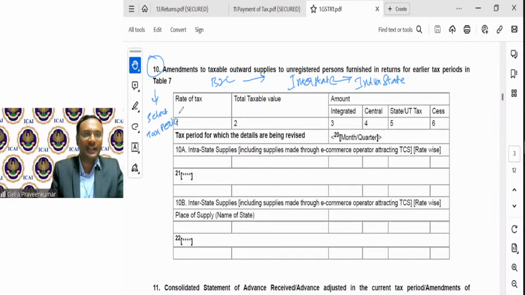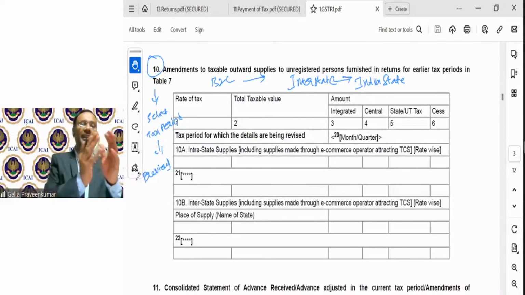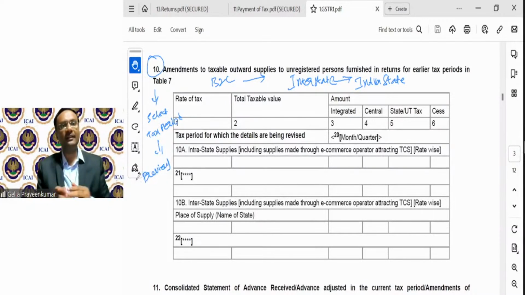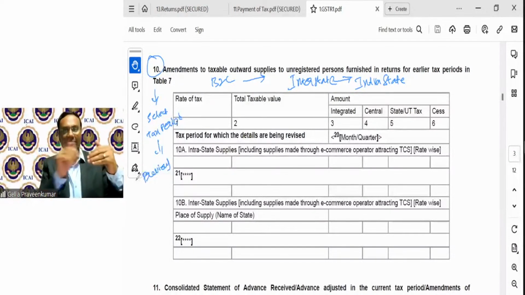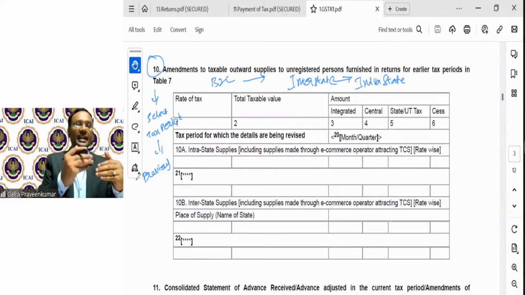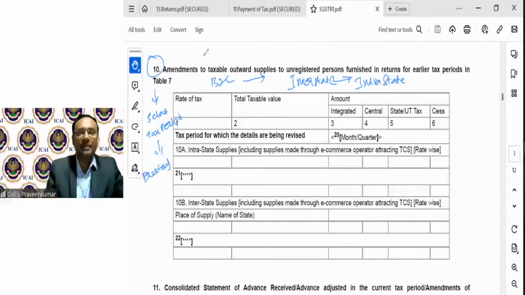They'll ask, in which of your previous tax periods you have made a mistake? Assuming I made a mistake in April, in the month of September, when I realized it, I'll open the April return, select interstate, and make it 0. Again, I'll make an entry for intrastate. This is how correction is done in table number 10.